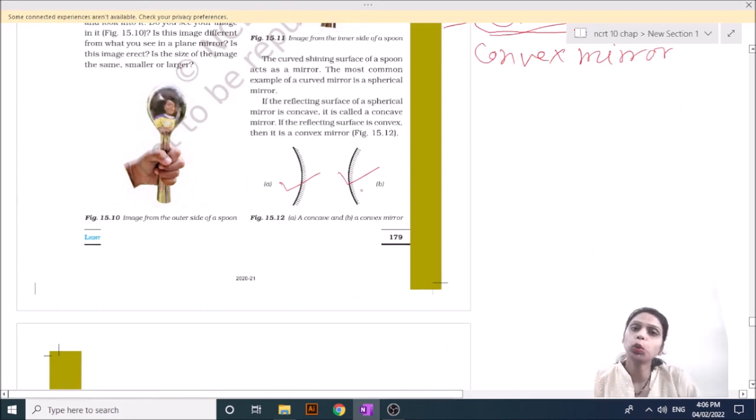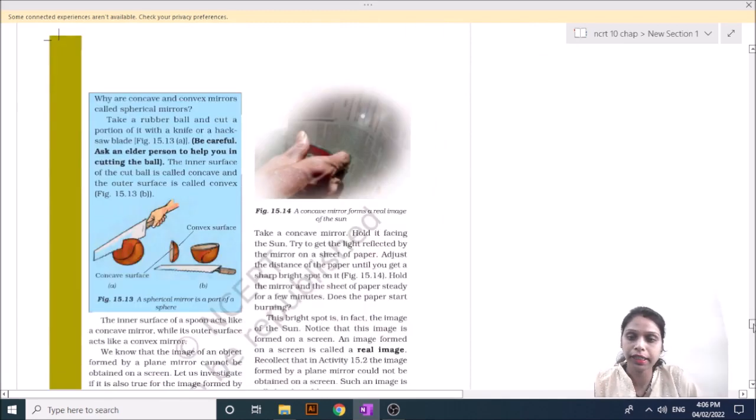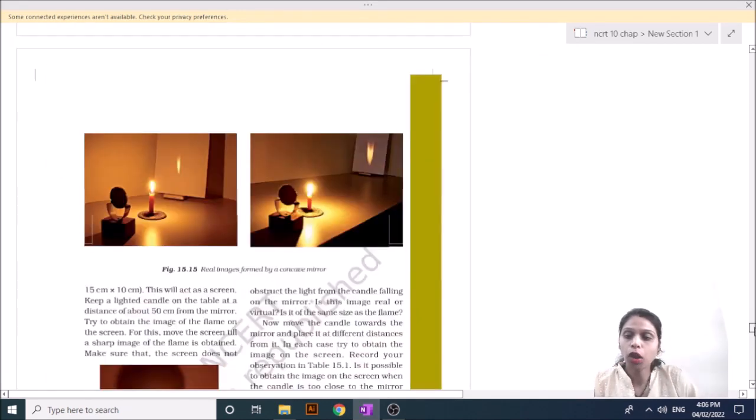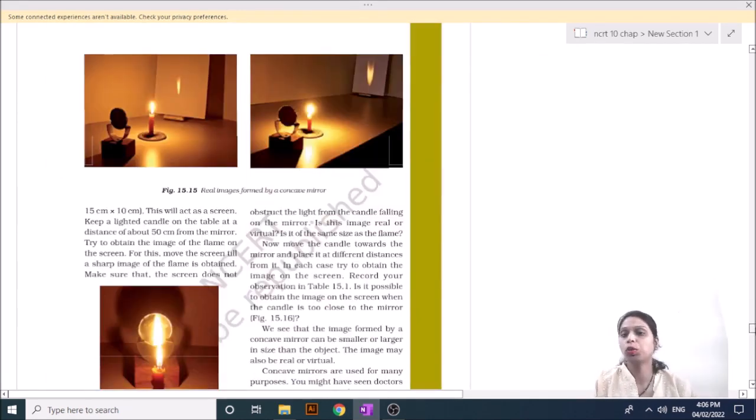There are two types of mirror. First is concave and second is convex. Now you can see here what it shows. This is a concave mirror, this is a candle light, and this is a screen.